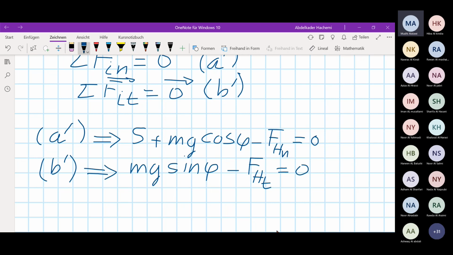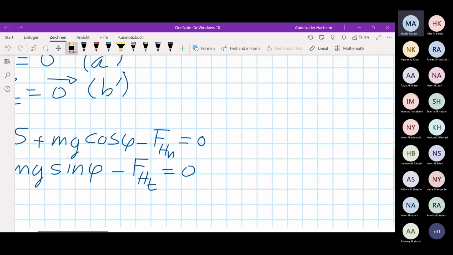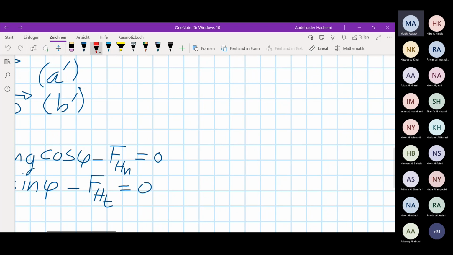Okay, now in our case, we have F, the inertia forces in the tangential and the normal direction. In the normal direction, it's the mass multiplied by A n, and this is only the mass multiplied by L phi dot square.